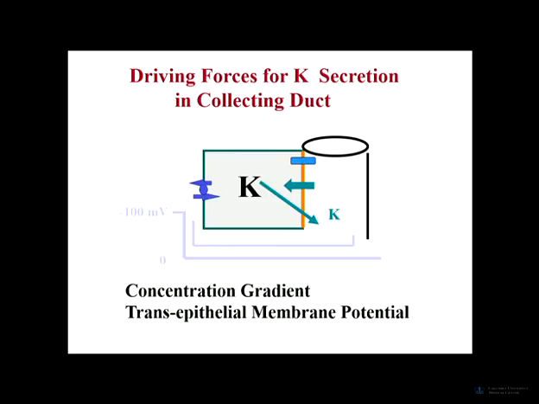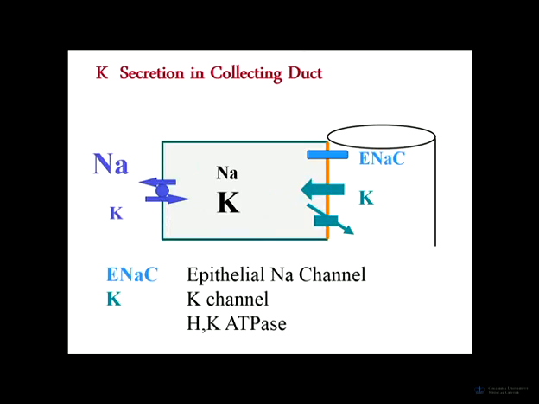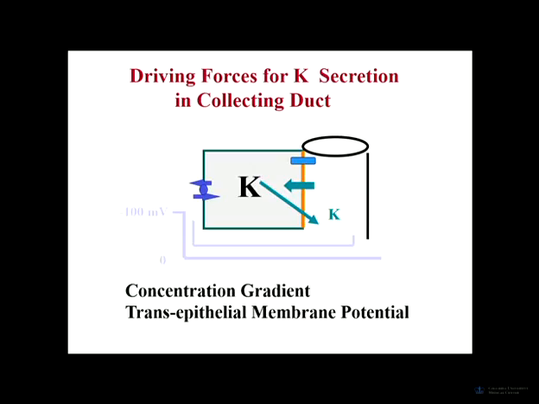Another is the membrane potential. Potassium is a cation, so if the lumen is very negative, just like we talked about with hydrogen ion secretion, we will get much more potassium secretion. So the driving forces are concentration differences and electrical differences across the membrane. When we talk about the concentration difference, what determines the intracellular concentration?